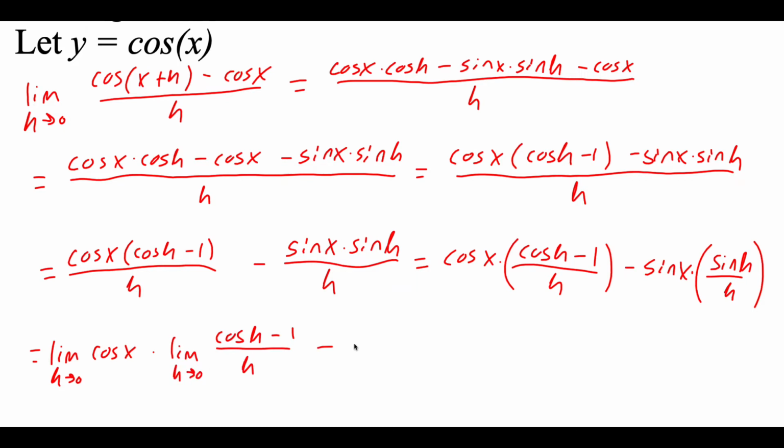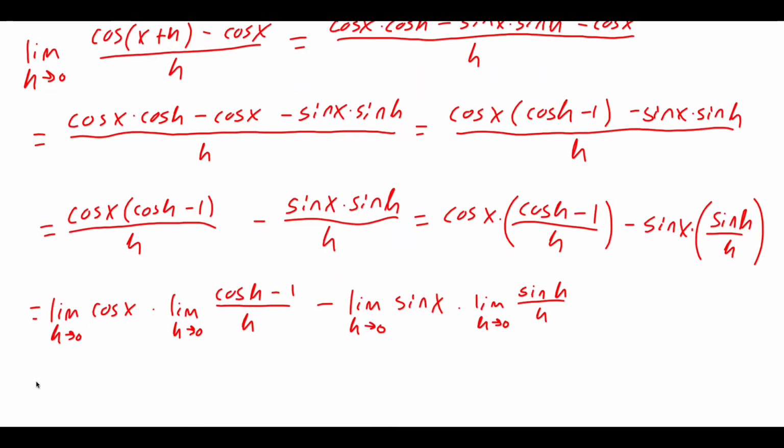And then we're going to be subtracting the limit of the sine of x as h is approaching 0 times the limit of this other fraction sine of h over h as h is approaching 0.